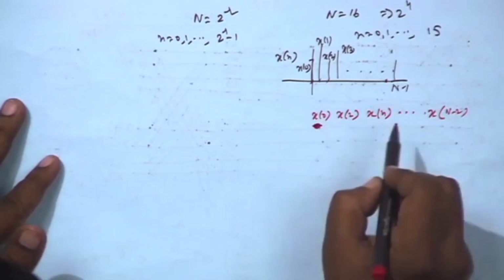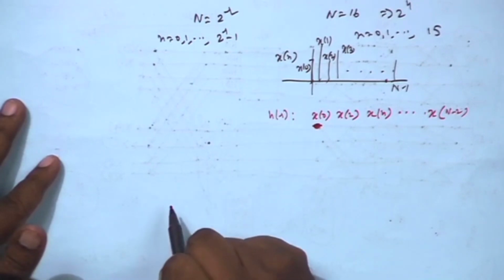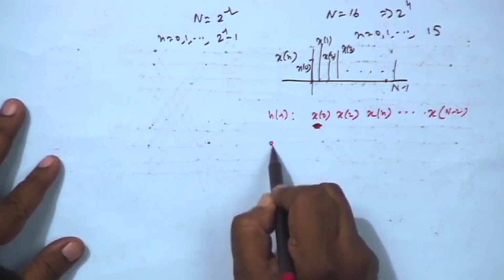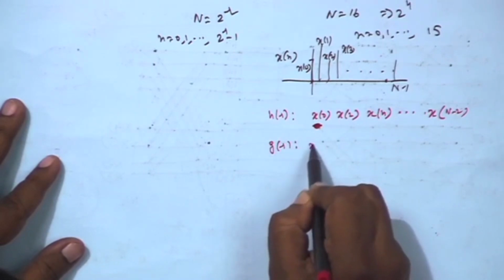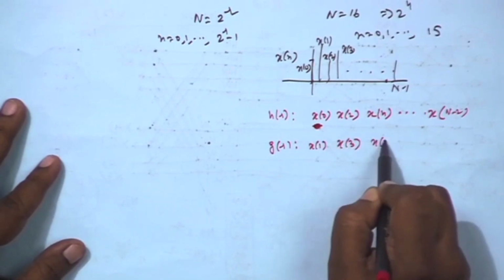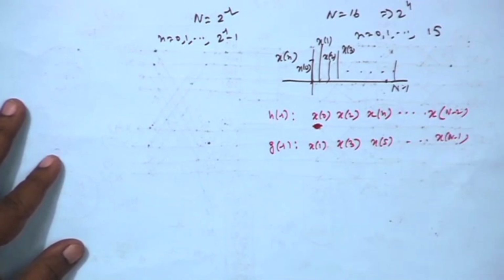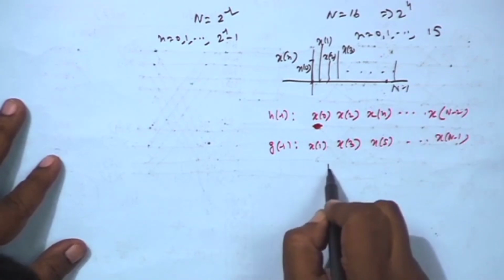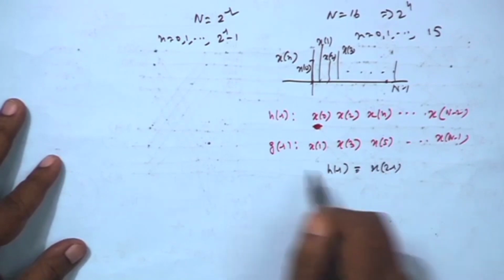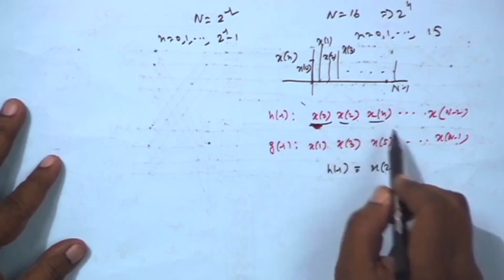There is one sequence, I called it HR, and the other one I took GR, which was x 1, x 3, up to the last odd order element. HR is x 2 r: there is h 0, this is the 0th element, h 1, h 2.